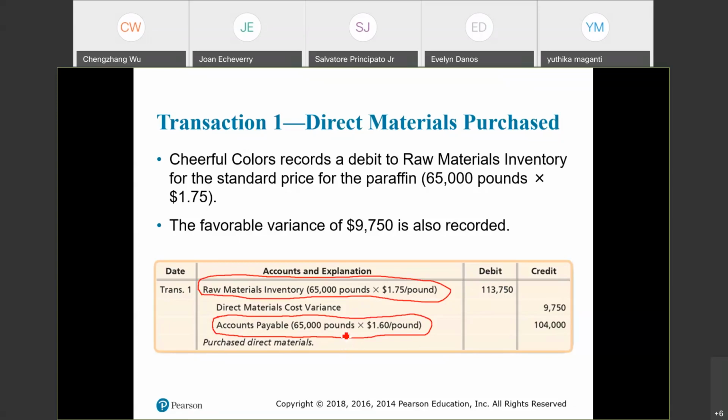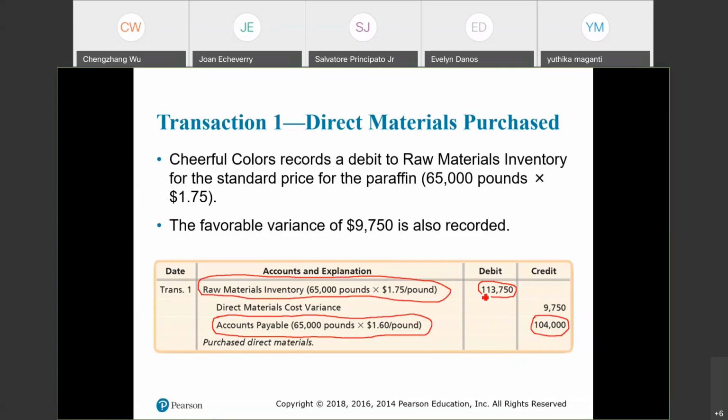Well, but as you can see, the amount is different. Here is the difference between standard cost accounting and the traditional financial accounting you have learned in your financial accounting class.